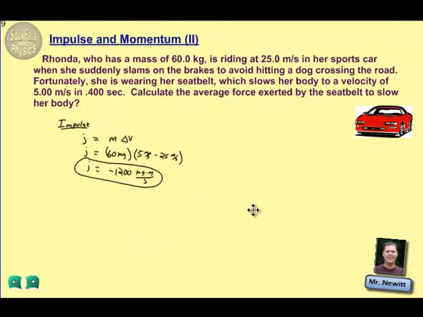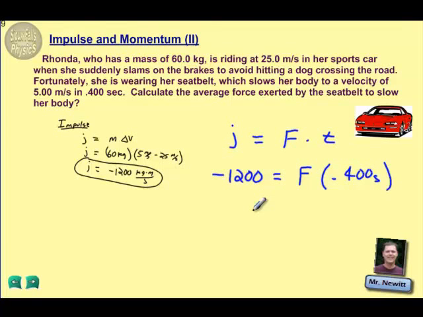Now that we have the impulse, we can move on to the force that is exerted on Rhonda. Remember that the impulse, J, is also equal to a force applied over a period of time. Now that I know the impulse is negative 1,200, I can find the force because I also know that the time this stopping occurred was 0.400 seconds.